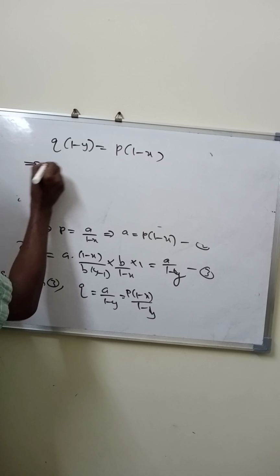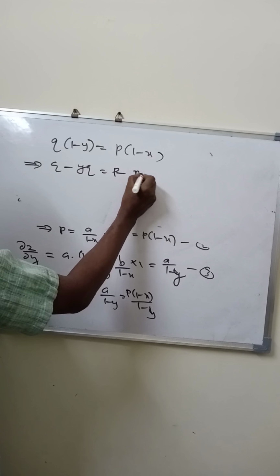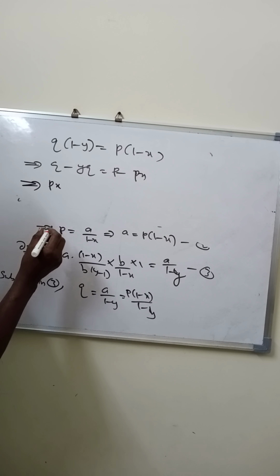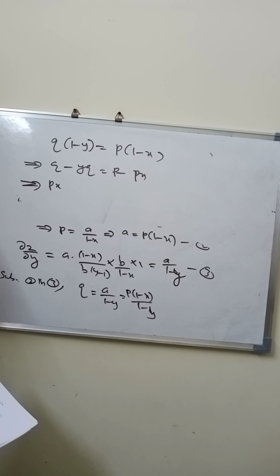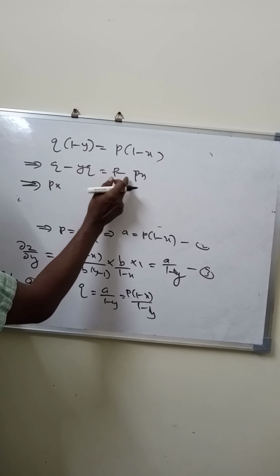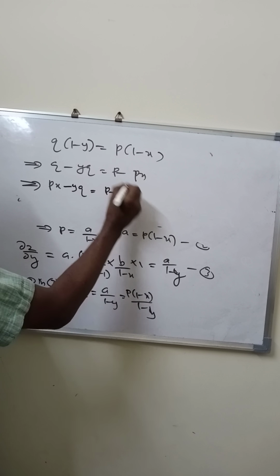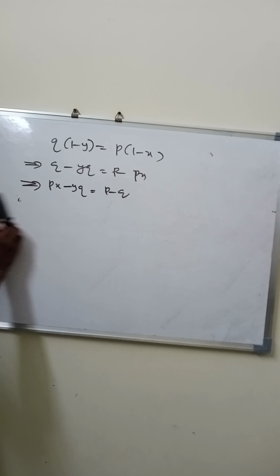Expanding this, that implies qy minus q equals p minus px. That implies px minus yq equals p minus q. This is the required partial differential equation.